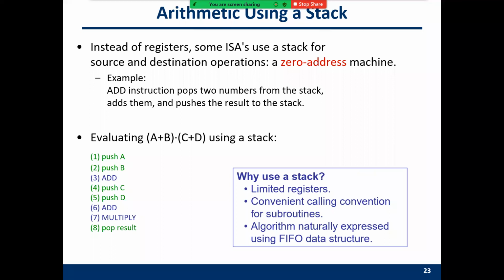So to compute this on a zero address machine, we break it into A plus B, and the other components, plus then the multiplication. By using the stack, we don't need any register.